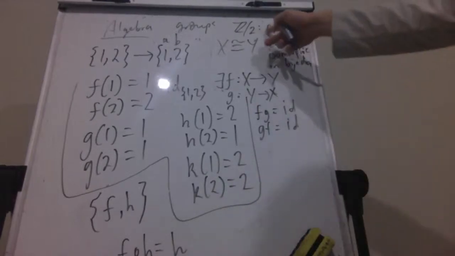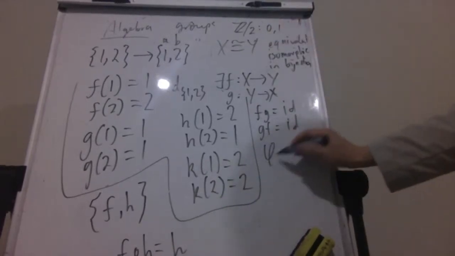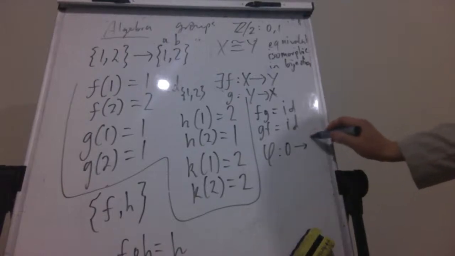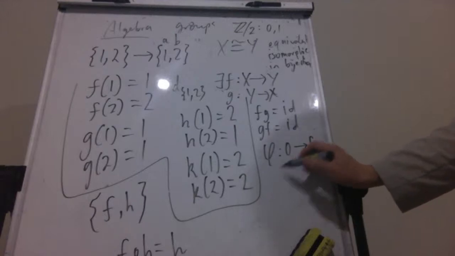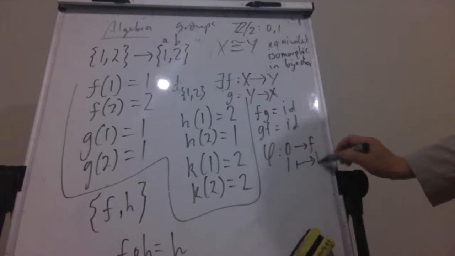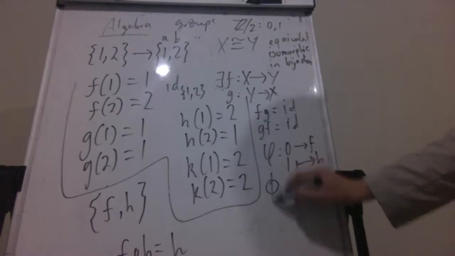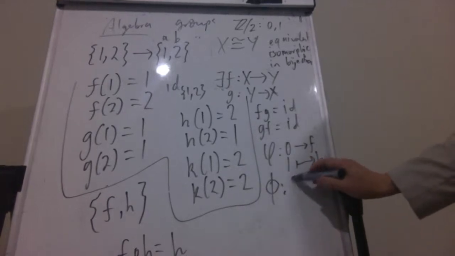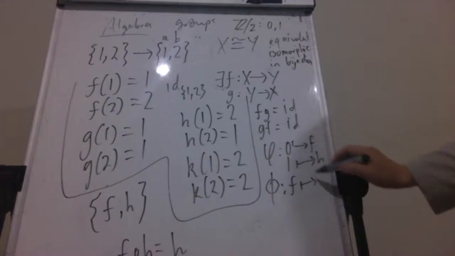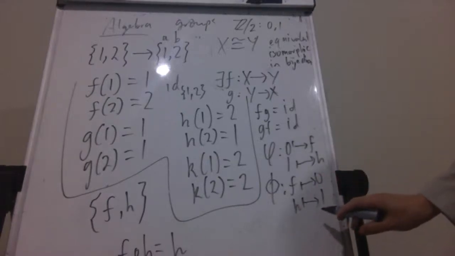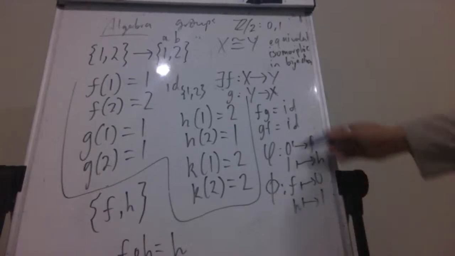So if we have 0 and 1, and a function phi that takes 0 to f and 1 to h, and the inverse of that, this other phi, takes f to 0 and h to 1, not only do they have to be a bijection, but they also have to preserve the multiplication.